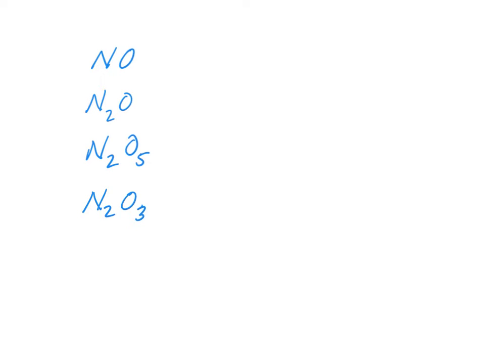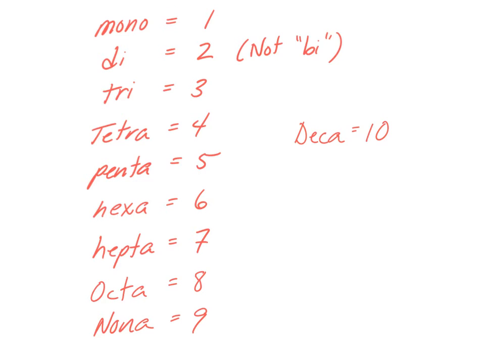All right, so here comes the scheme that we're going to follow. In order to count the atoms of a certain element in a compound, we're going to use these prefixes. Mono means 1. Di means 2. And by the way, we're not going to use bi for 2. We're going to say di is 2.